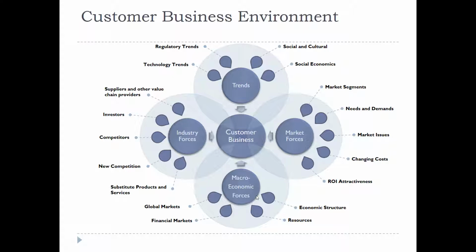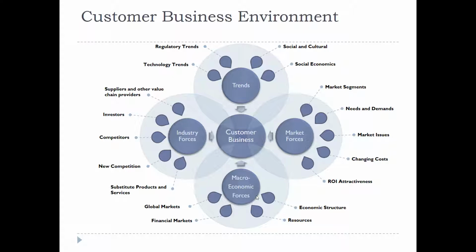The market forces: the needs and demands of that market, any market issues, any issues associated with your service, changing costs. Can you get customers to change, shift, come on over? And what are those ROI attractiveness? Does it make sense?